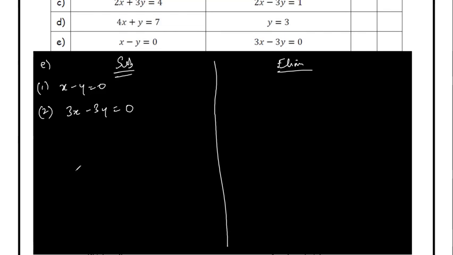Now come to look at it, E, both the equations are identical. Why are they identical? Because if I multiply the first one by 3, I will end up getting the second one. If I divide the second one by 3, I'll end up getting the first one. So when the equations are identical, they are overlapping lines.